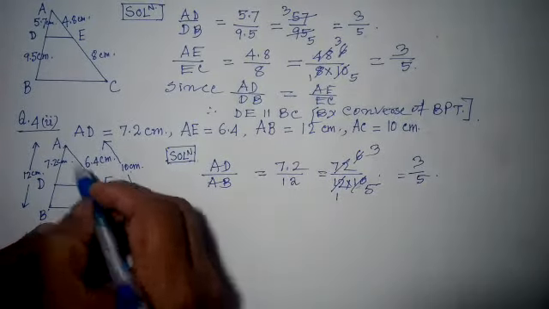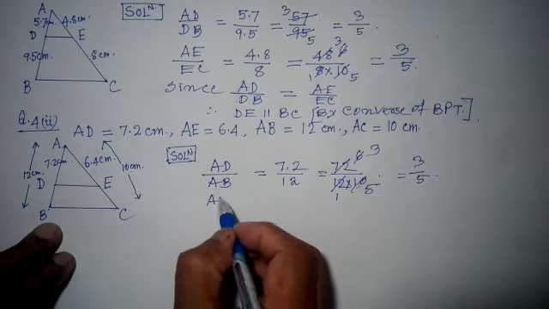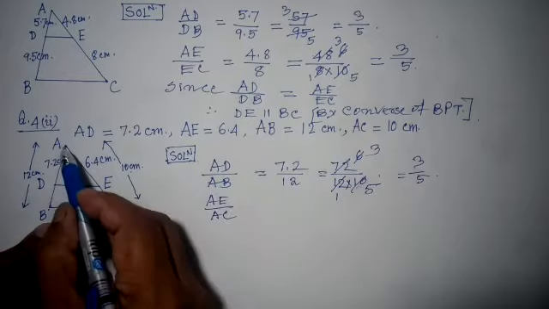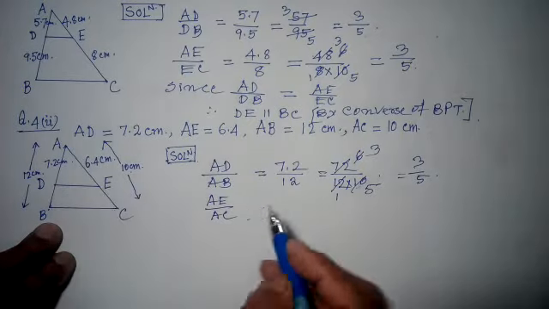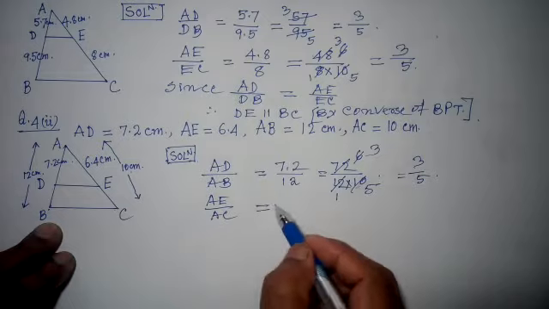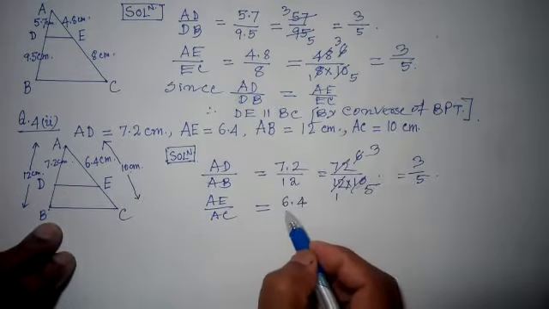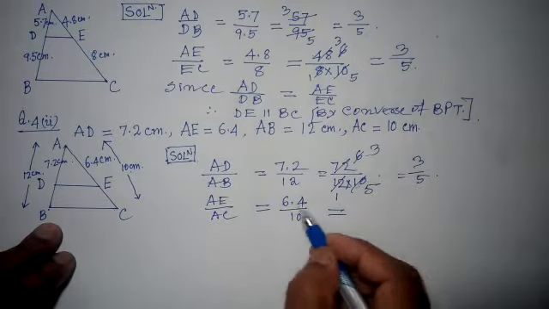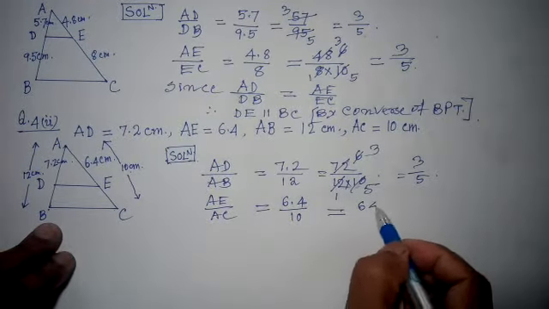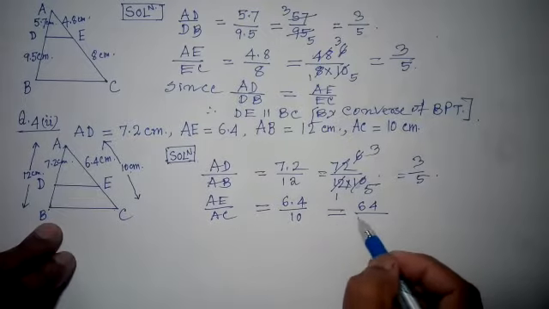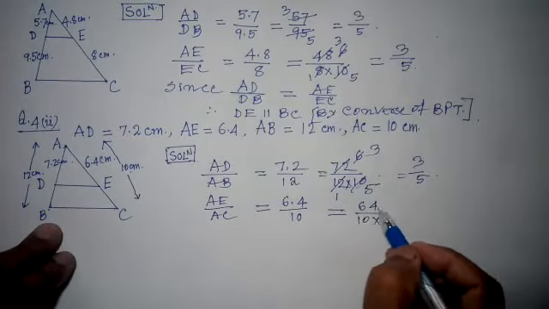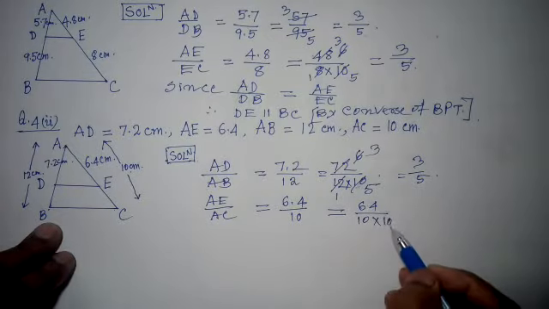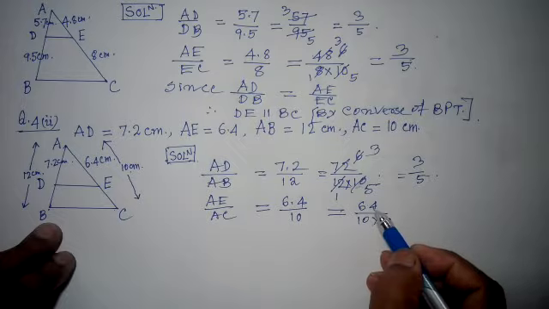And look for this side, AE by AC, small part by whole part. So what is the value of AE? It is 6.4. And what is the value of AC? It is 10. So like before, we write 64 by 100, now 64, not 6.4.